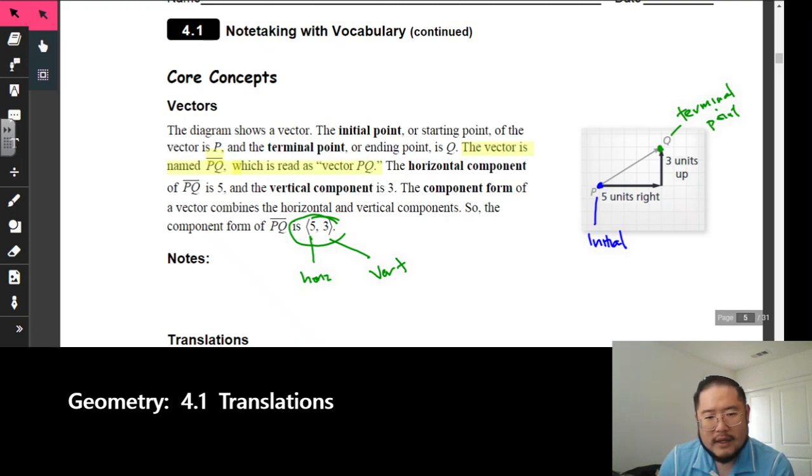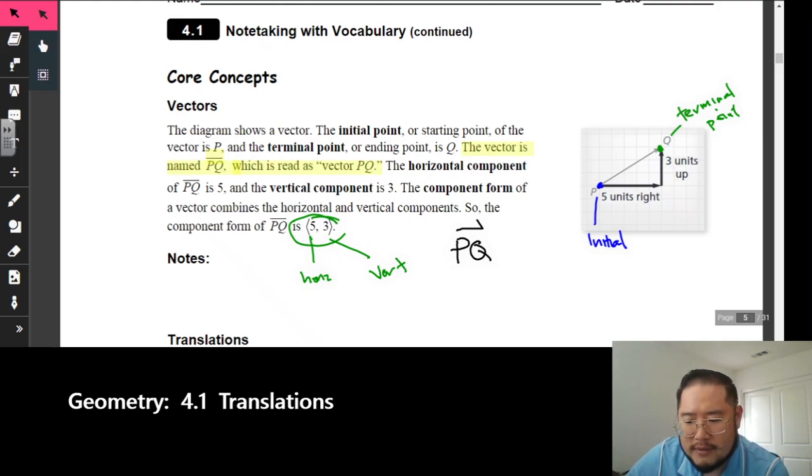Also, if you take a look, and it's hard to see right here, but this PQ, above it, you've got yourself a half arrow. Okay, so that half arrow right there will represent the fact that this is a vector. A full arrow on top will represent this being a ray. So we can't have that. It's got to be that half arrow right there.